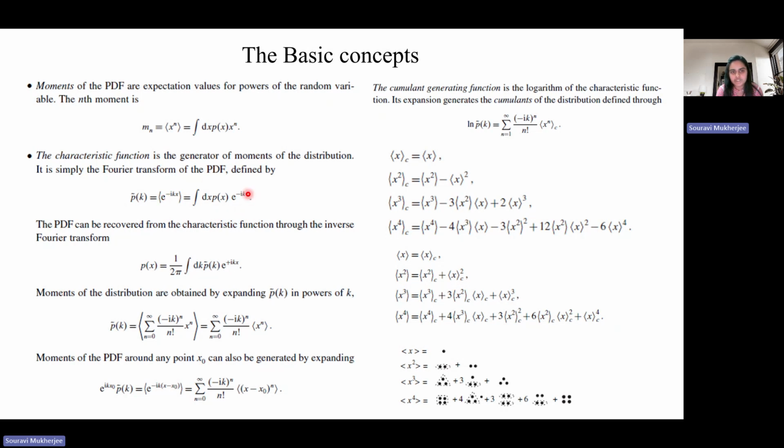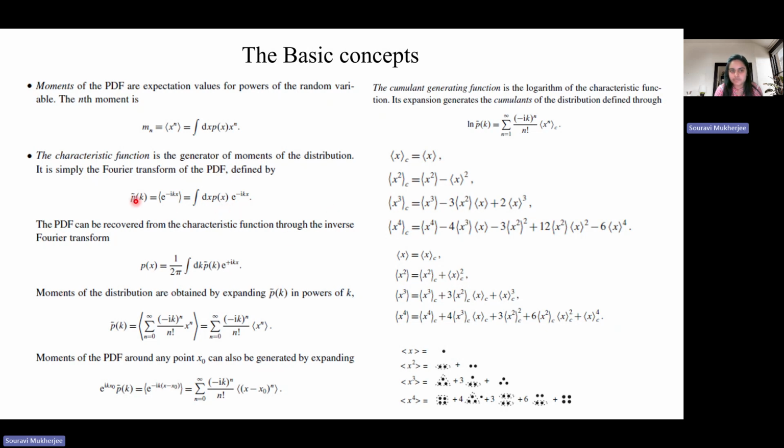So this is your definition of the Fourier transform of your PDF. And if you look at it closely, this is also the expectation value of e to the power minus ikx, right? Now you can again recover the PDF by doing an inverse Fourier transform.